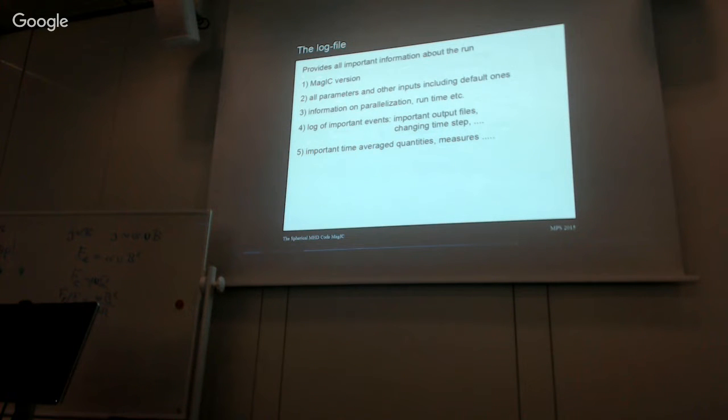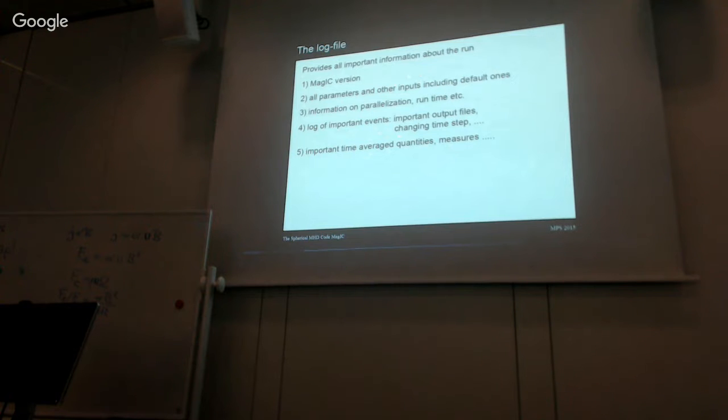Also the ones which have been defined by default via the namelists. So if you look at the log file, you exactly know which condition we're running. And then it also gives information about the parallelization, the runtime, and so forth. It also writes some important output variables at the end, so time average energy and something like that. You can look at that.